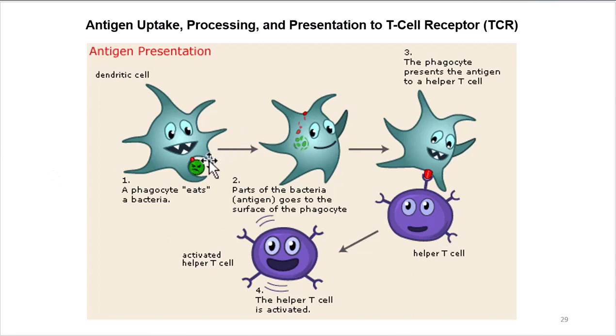It eats, say, the external thing, in this case bacteria. It then processes it inside of itself and presents it on the surface to a T cell. So this is emphasizing that in this pathway these are not going to be activating cytotoxic T cells, but rather the helper T cells, because the helper T cells, as we'll see with other ones, educate the plasma B cells and make antibodies.